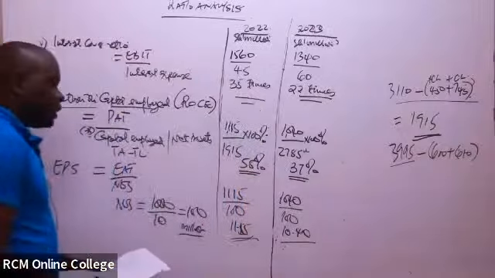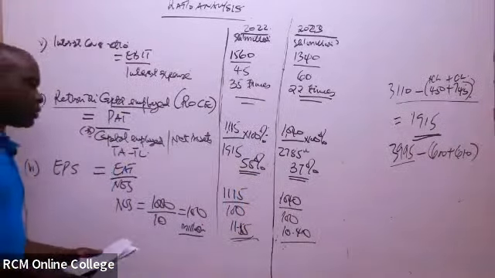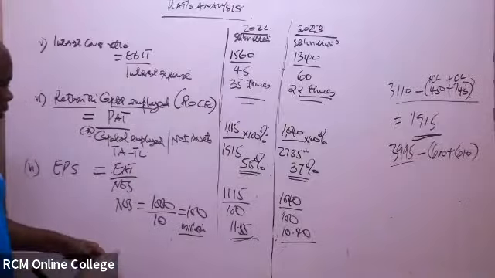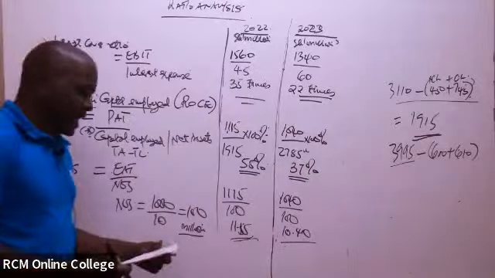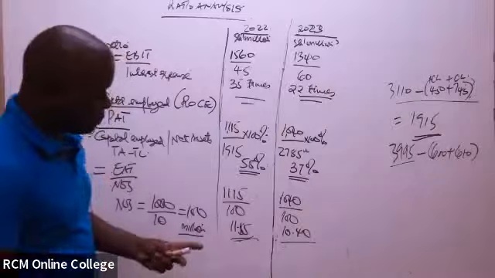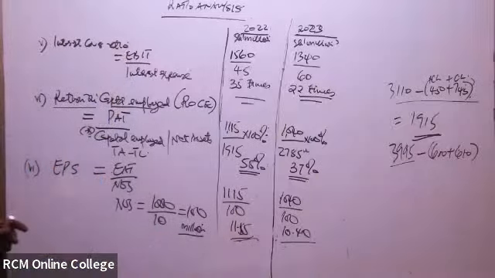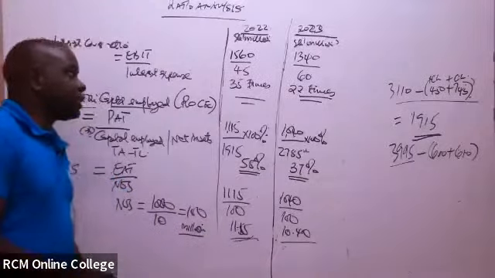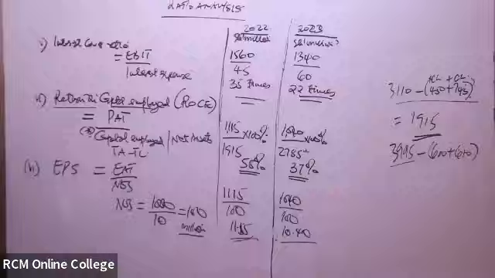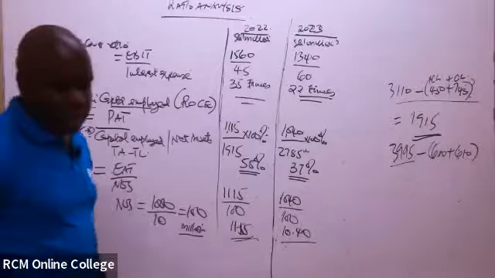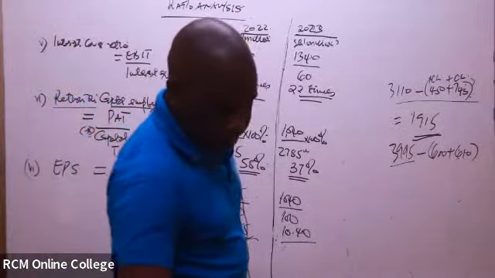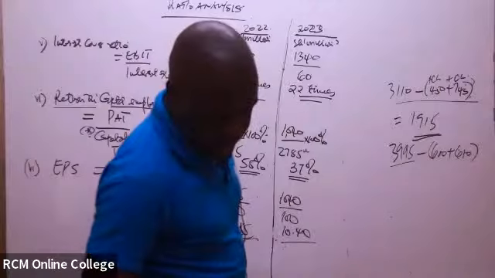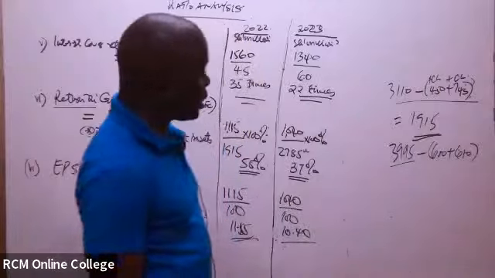It means the earnings per share for 2022 is higher than the earnings per share for 2023. The amounts attributable to the ordinary shareholders were a bit higher compared to 2023. That is basically what is happening there.